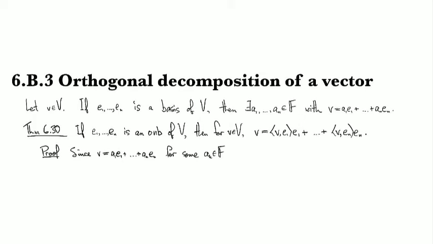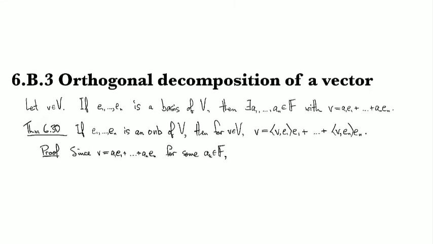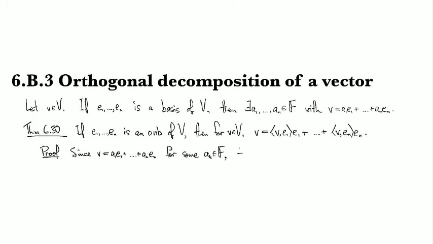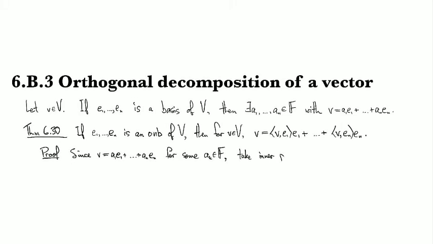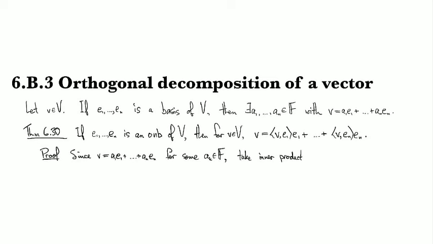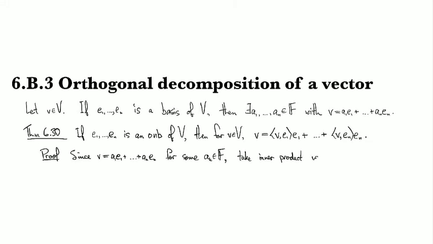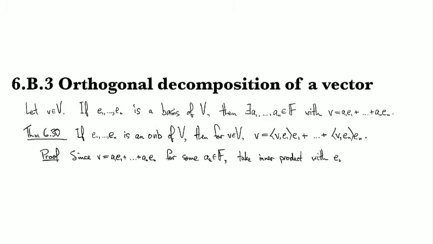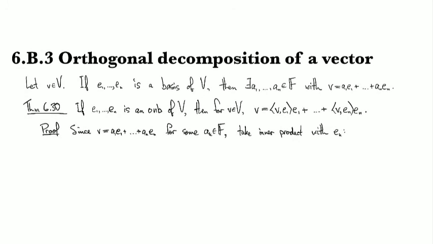we just have to do the computation to figure out what those AKs should be. So we can take the inner product, say with EK, of both sides of this equation.